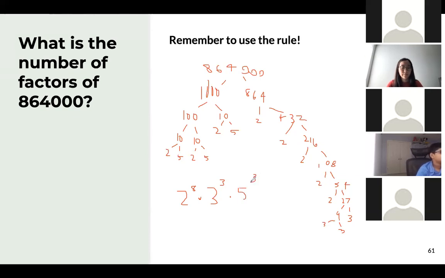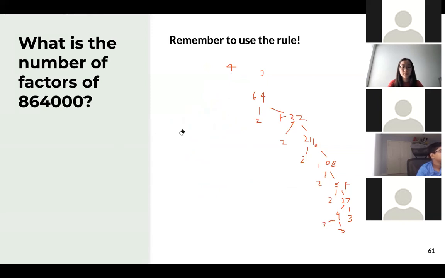So then 9 times 4 times 4 would be 144. Okay, so you guys are right. Sorry about that. But good job. I think there's just a small mistake on the slides.